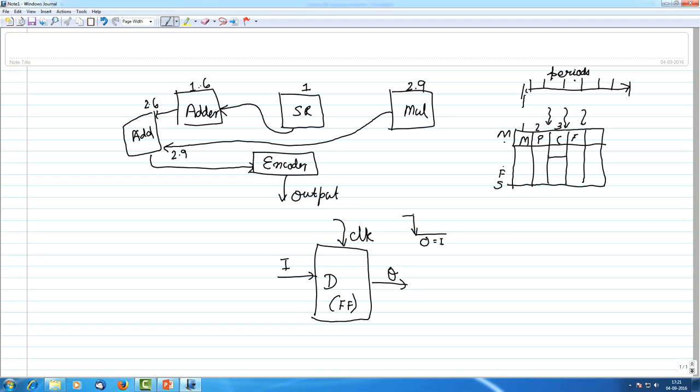So the input needs to become stable slightly before the negative edge. Let's assume that at this point the input becomes stable, then the clock transitions from 1 to 0, and that's when the output of the flip-flop reflects the input.